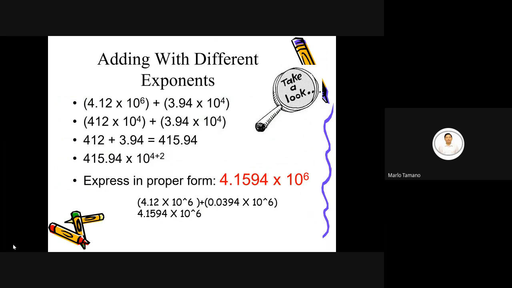4.12 times 10 to the 6 plus 3.94 times 10 to the 4. We notice that our base 10, our powers of 10, have different exponents. Tama? The first one is 6 while the other is 4. What shall we do with this?